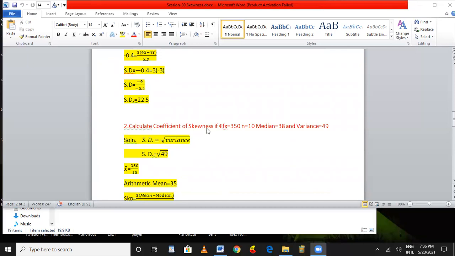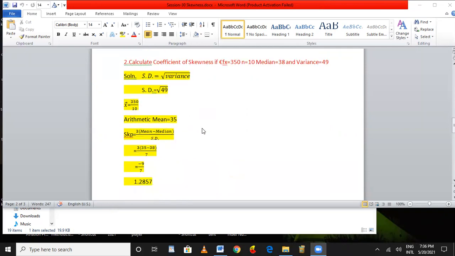In the next one, calculate the coefficient of skewness if sigma fx is equal to 350, n is equal to 10, median is equal to 38, and variance is equal to 49. Here we have to calculate the coefficient of skewness, Skp is equal to 3 into (mean minus median) over standard deviation.